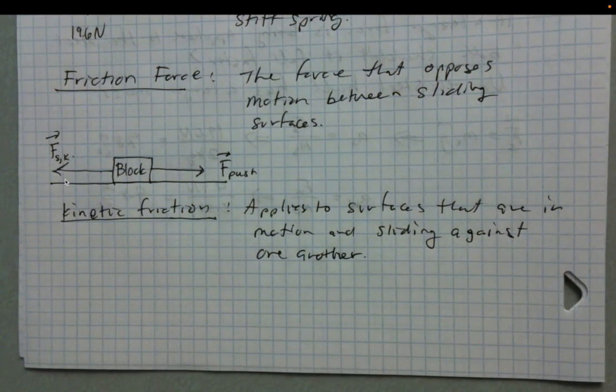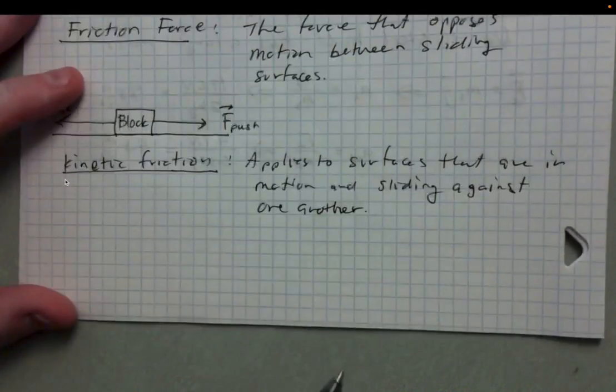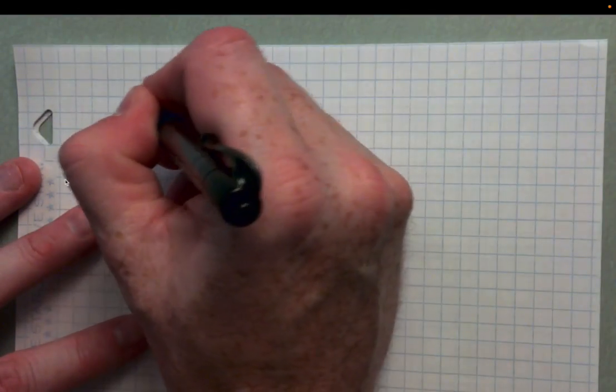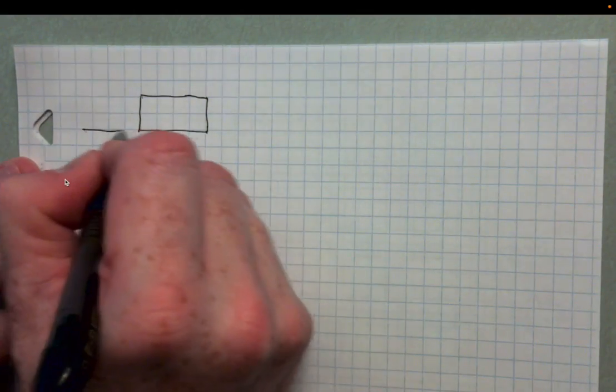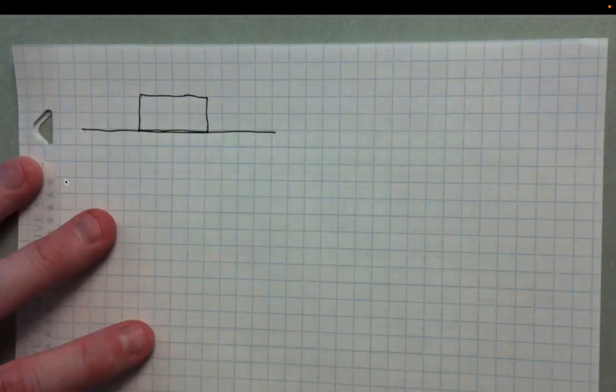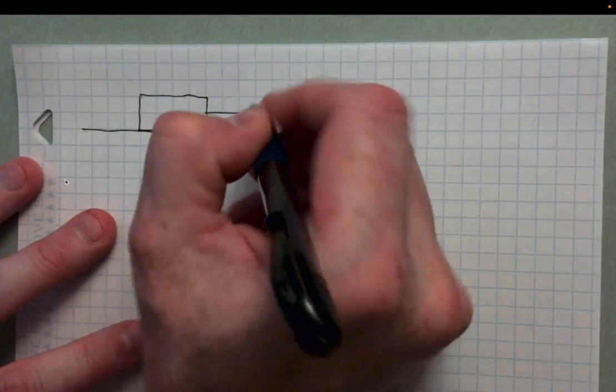All right, so again, let's think about our heavy brick. So what do we got going on with this thing? We've got a brick, and I've got some force pushing.